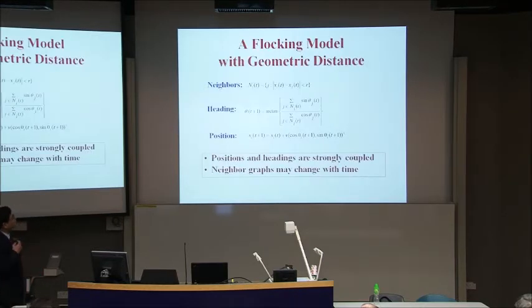Now you can arrive at a mathematical model. First is the definition of the neighbor. The heading is the average of the headings of its neighbors, where j belongs to this neighbor set: the summation of theta_j in this neighborhood.